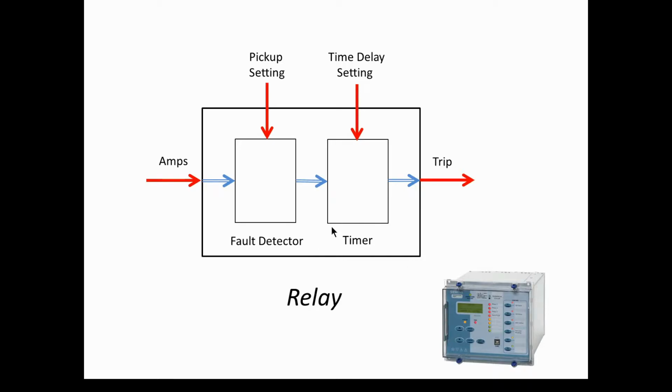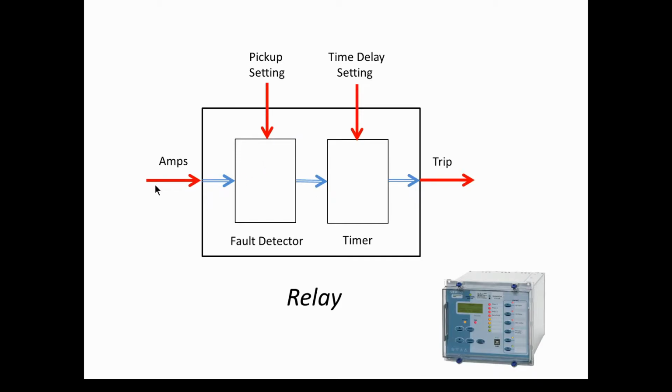And here I've got basically a block diagram of the relay. And this particular relay does a fairly simple task. It takes the current or the amps measured on the circuit that's feeding whatever load you have, and it compares that in this block, which is called a fault detector. It compares that with a value that you input, which is called a pickup setting.